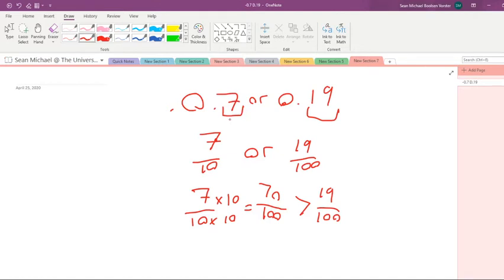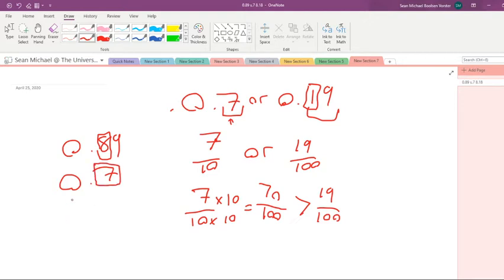But what we have to remember is this first section, the first digit, is dealing in tenths. So that's dealing in basically groups of 10. So if you have 0.89 versus 0.7, then this number is going to tell you the tenths, and over 100, this one will also tell you the tenths.